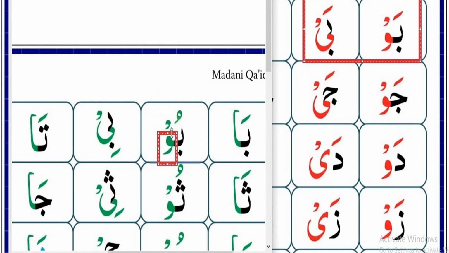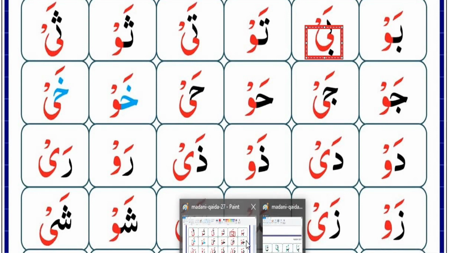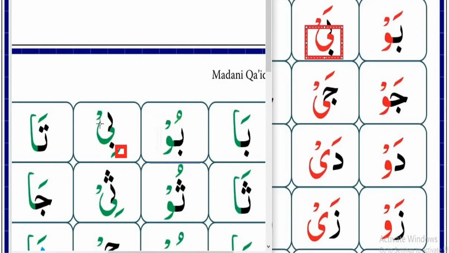So it's the same letter and has the same sign, but this one is Waw Maddah and the same letter here is Waw Leen. And the other one again, this is Ya Leen, and this one here is Ya Maddah.